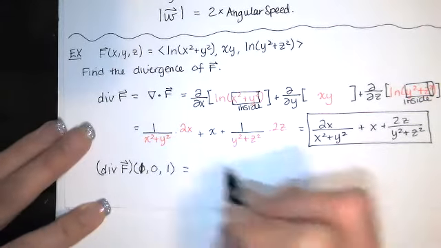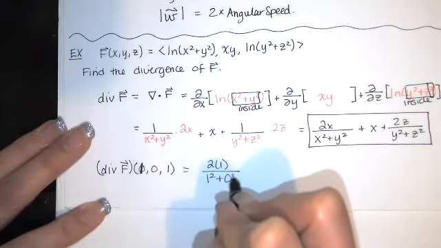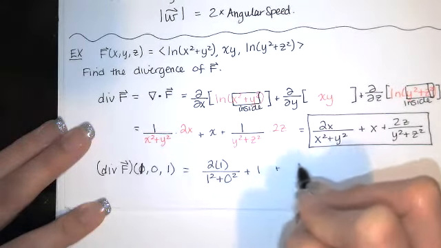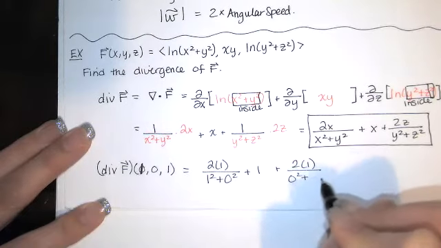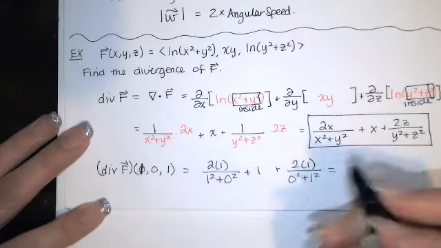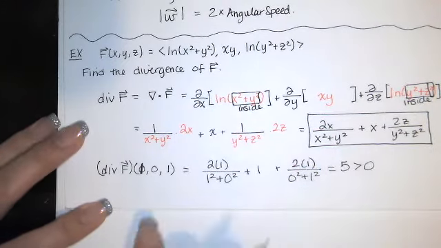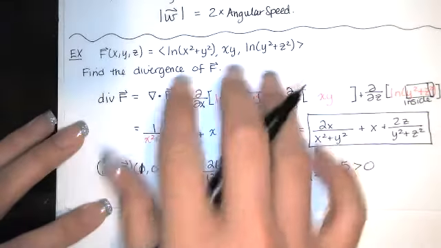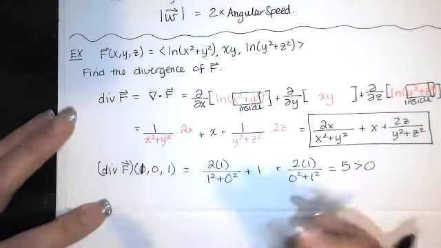So I replace x with 1, I replace y with 0, and I replace z with 1. So we're going to get 2 plus 1 plus 2, so that's 5. Since 5 is greater than 0, we would say that if this represented some fluid, that fluid is expanding at that location.